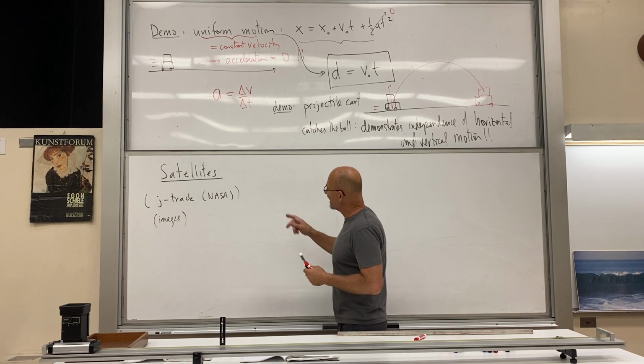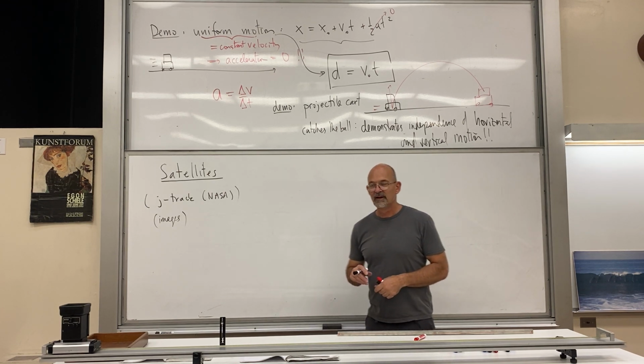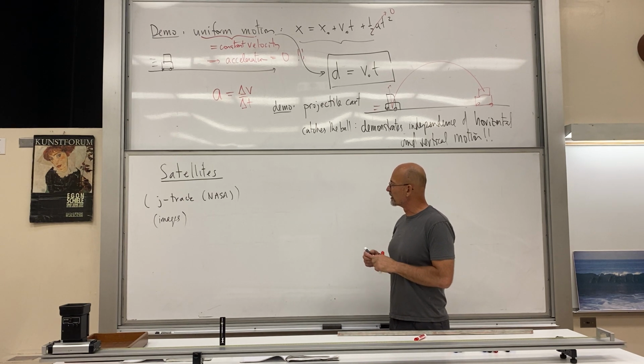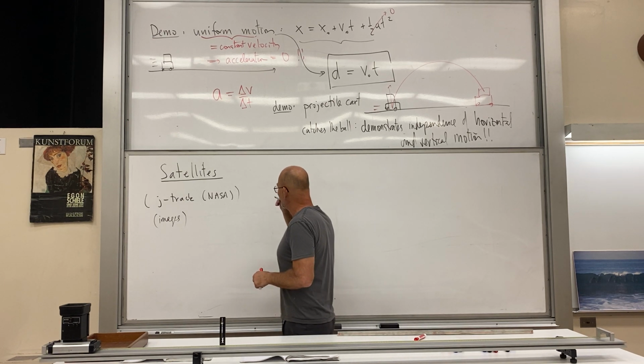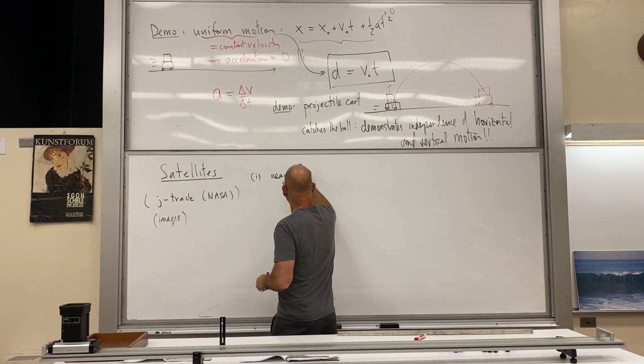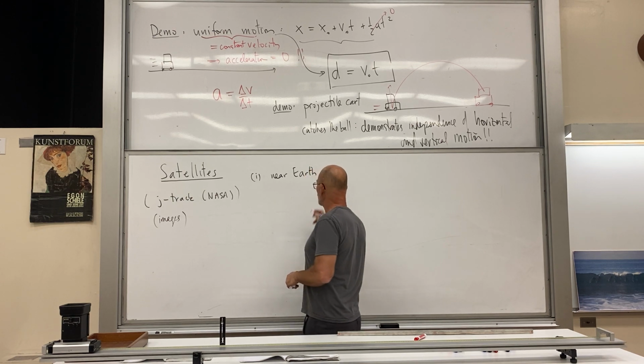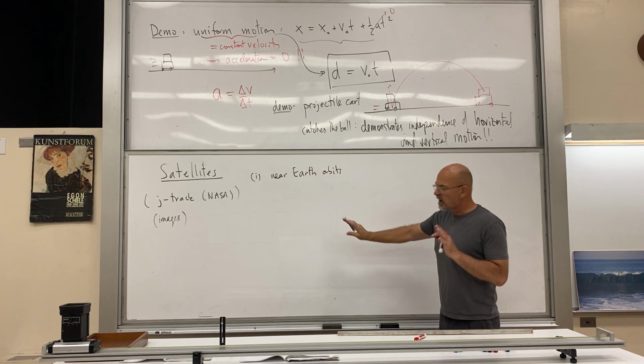Good, so what about satellites orbiting the Earth? How does that work? Why don't they fall down? How high are they, and so forth? So what we're going to do is, first of all, talk about near Earth orbits. So what is near to Earth? We're going to draw a large circle.